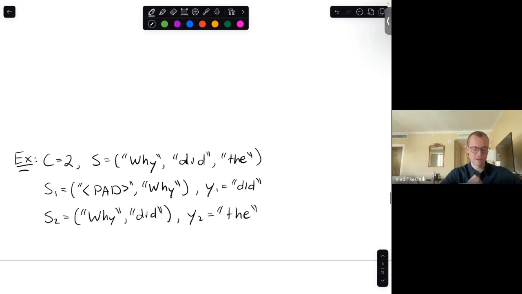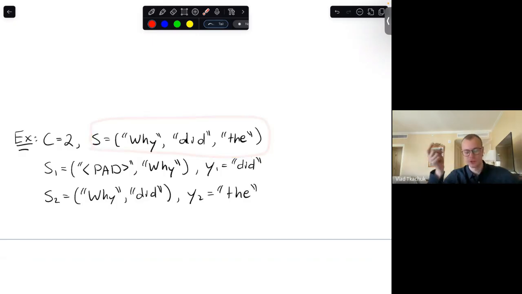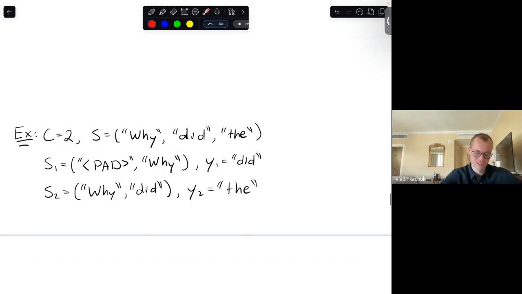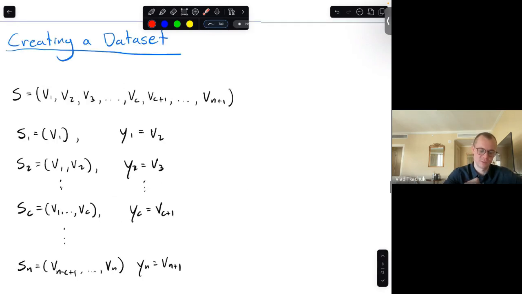And an example is like this. So if your context length is 2 and your entire sequence is just 3 words, 3 tokens for some reason, obviously this would be much larger if you took like the whole internet. This is how things would look like, which would be S1 would just be pad and the word Y. Okay, well here I didn't pad things, so let me do that.